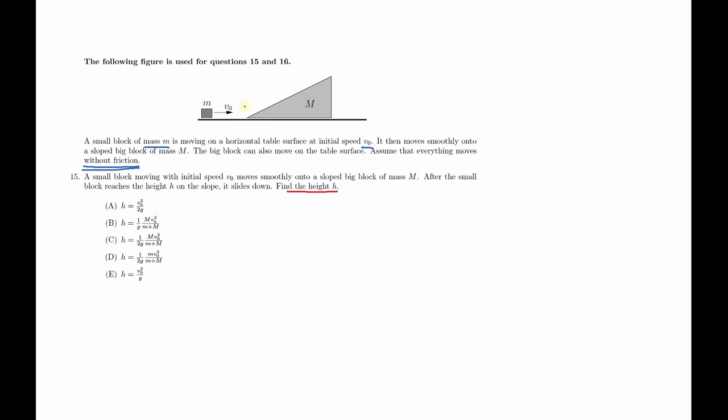So to illustrate what's going on, we have a small mass with a constant speed, and it's going to hit the big block. Right before the collision, and then at one point it's going to reach the height at which the block stops moving, and we have to find the height.